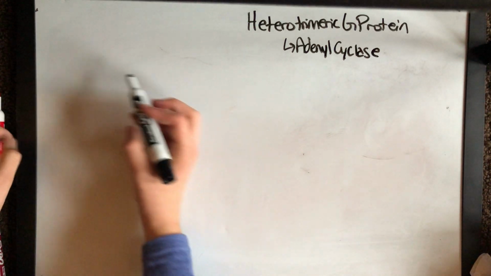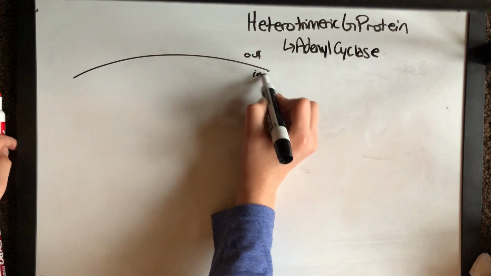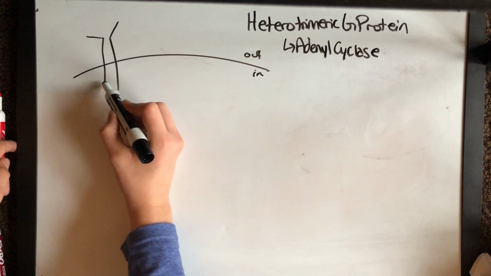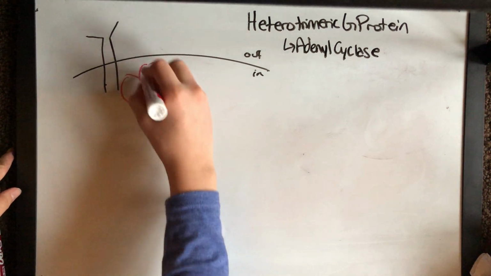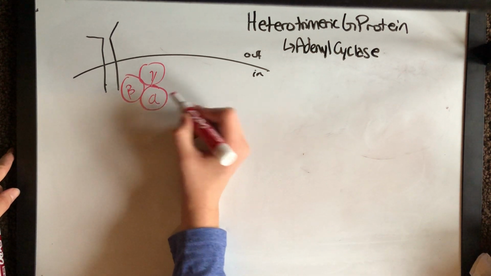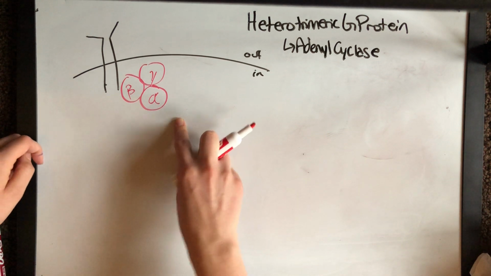Same thing as before, where we've got our cell, we've got the outside and the in. We've got our receptor here, and we had the beta, gamma, and alpha. So alpha, in this case, is going to be alpha S.